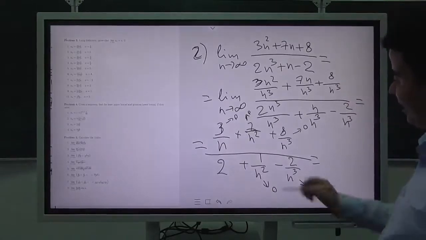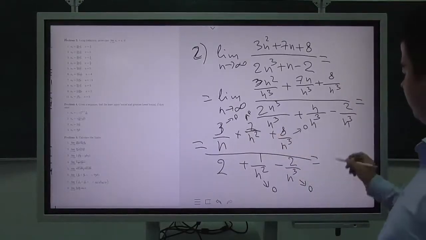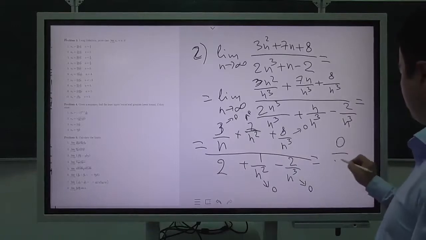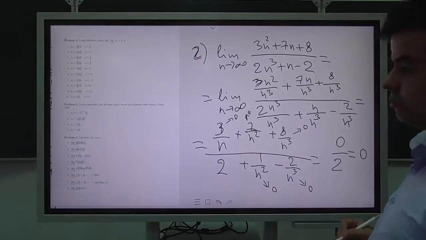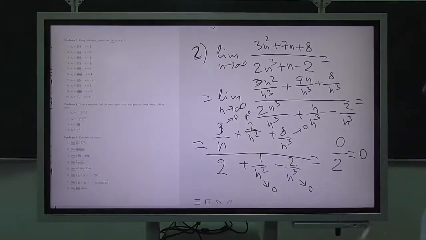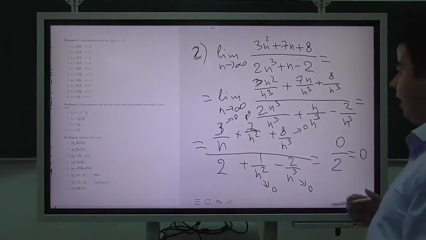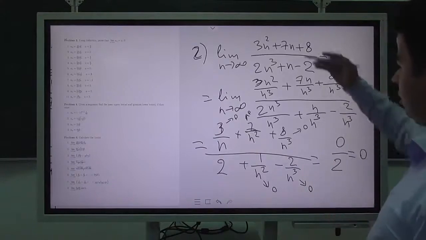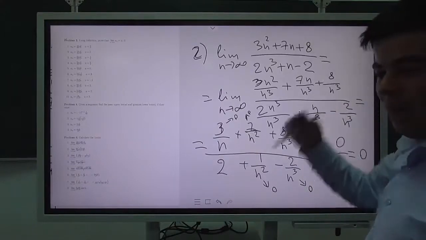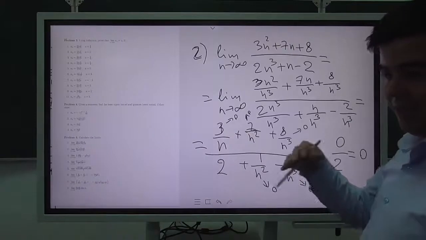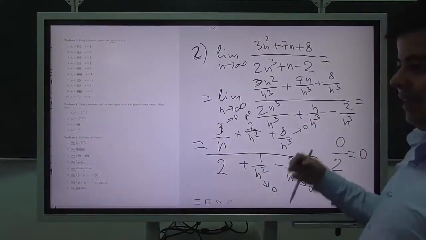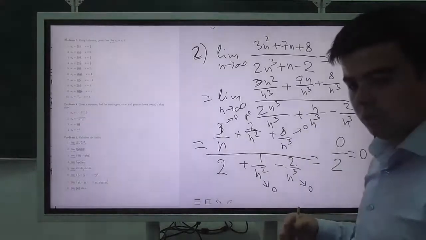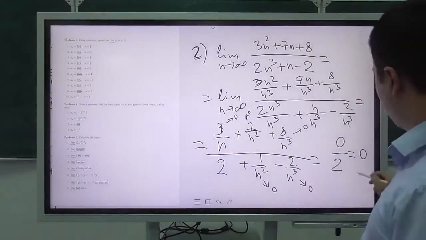And we have just 0 plus 0 plus 0, 0 over 2. The answer is 0. Conclusion. So if the power of n of the denominator is greater than the power of n of the numerator, in this case we get 0.